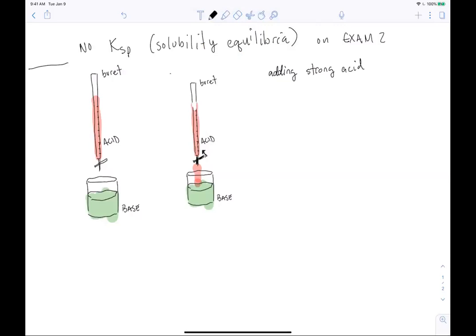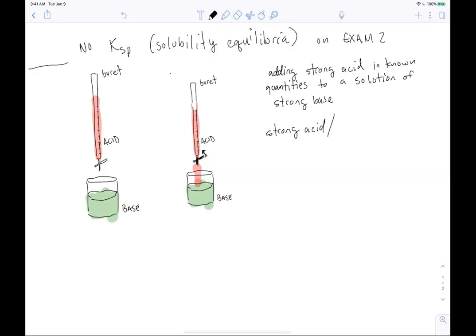Adding strong acid in known quantities to a solution, in this case of strong base. So this is a strong acid, strong base titration.